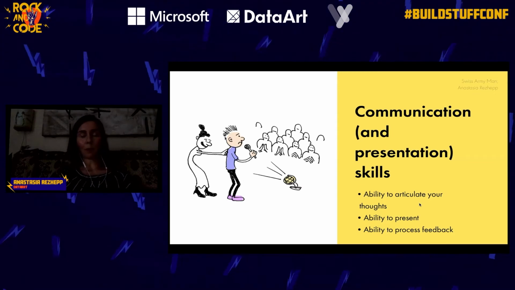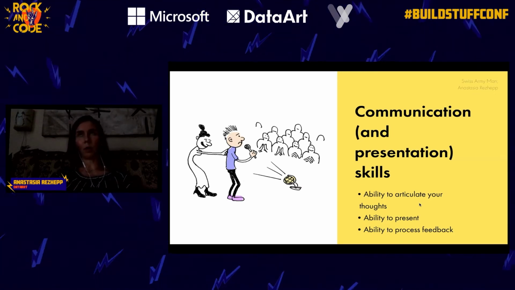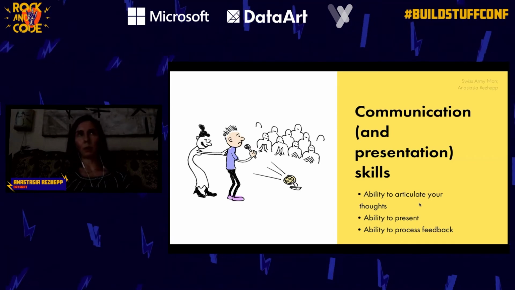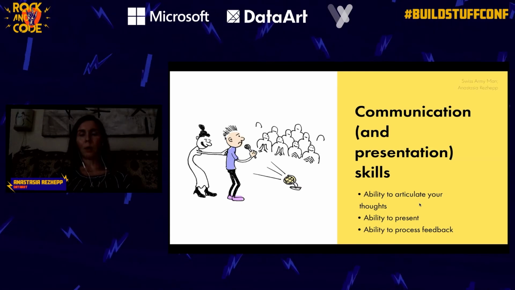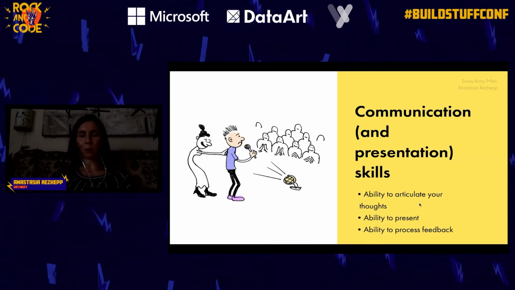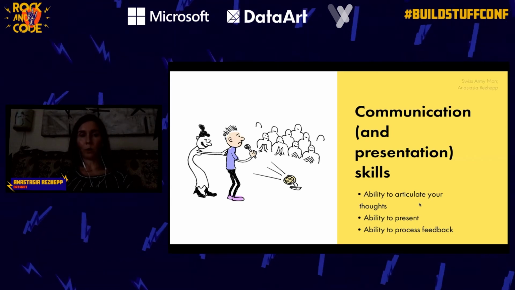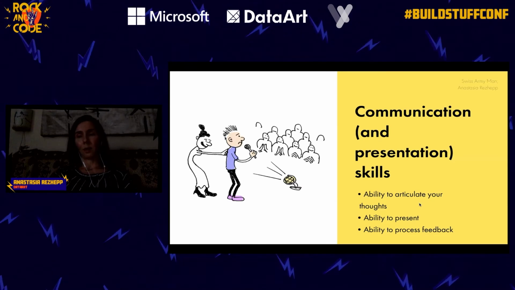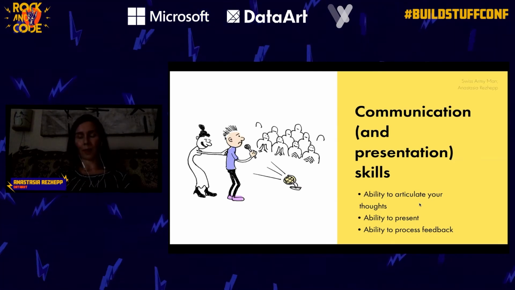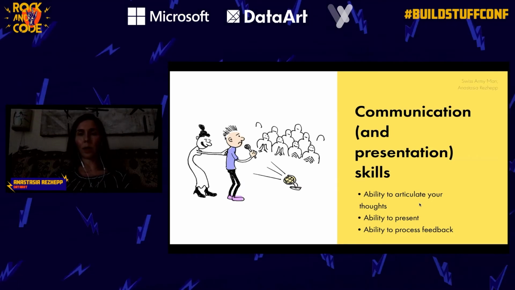I have separate talks about how to communicate with the development team and how to develop soft skills in the UX team and so on and so forth, because really I find it one of the most important things, as I told you. Every UX designer must be able to present his idea and to explain it and to articulate.